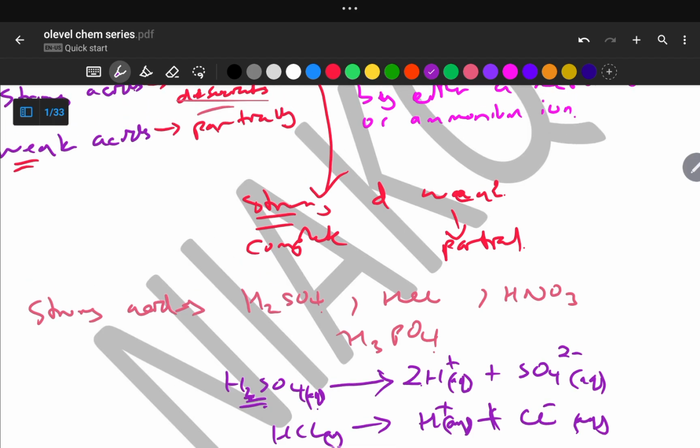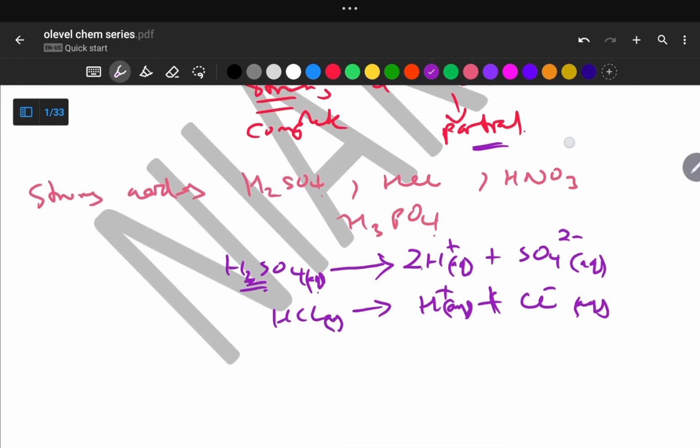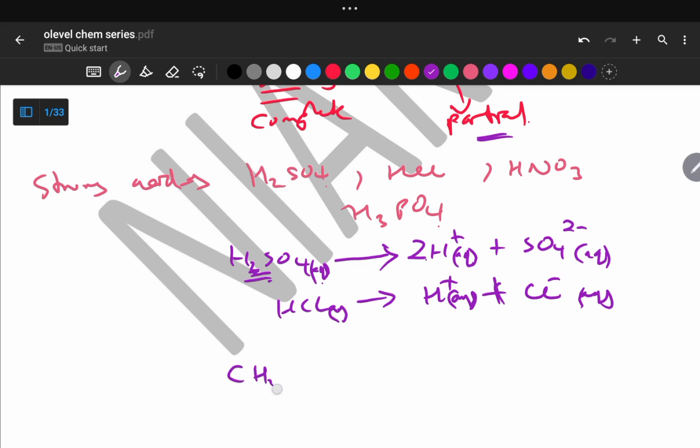And then what do we mean by the term partial dissociation? So for example, we are having ethanoic acid. So this is ethanoic acid from organic chemistry, carboxylic acid, right? So it partially dissociates, right? So this simply means we are going to have an equilibrium, a reversible reaction.